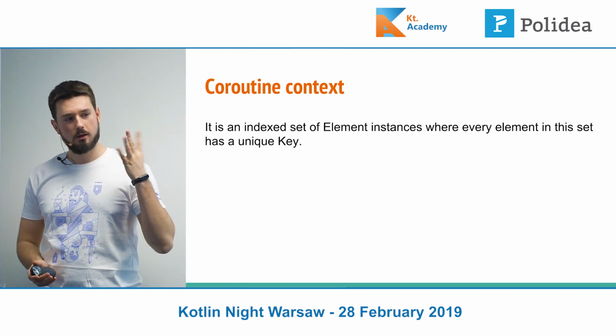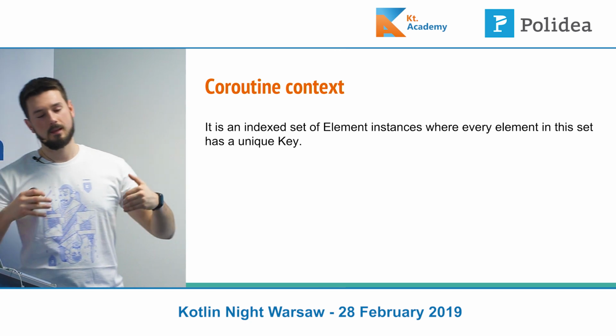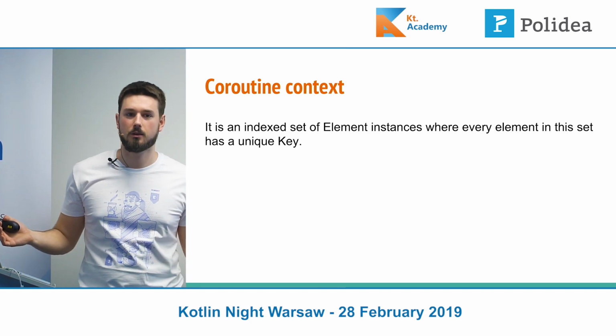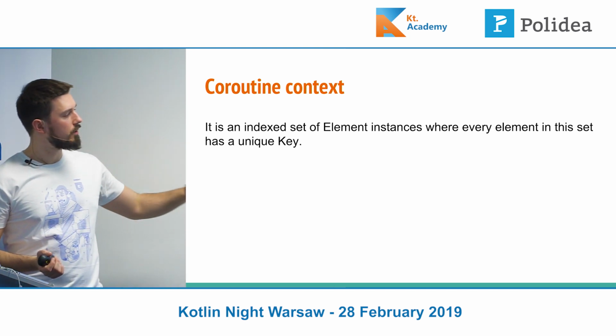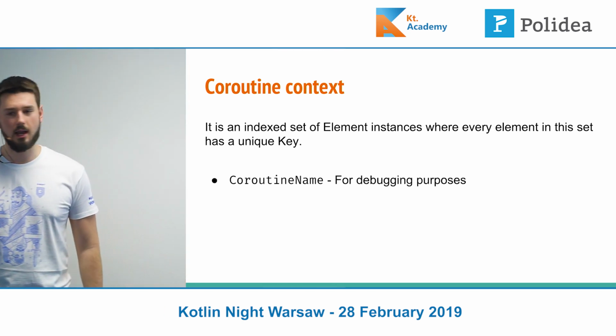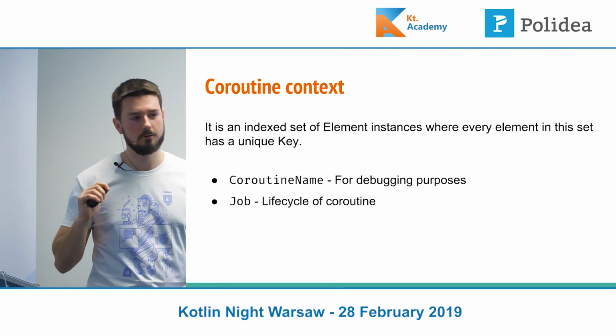And there are four most important coroutine contexts. I mean, if you do your own coroutines library, you can make whatever coroutine context you want. In the Kotlin Coroutines library, there are four key coroutine contexts. One, CoroutineName. You can name a coroutine for debugging purposes. Job is the life cycle of a coroutine.